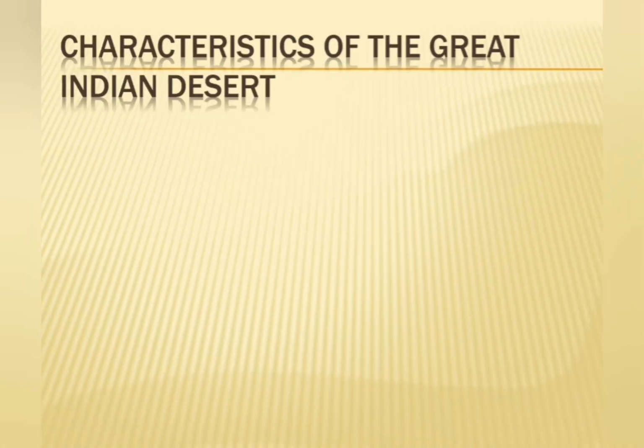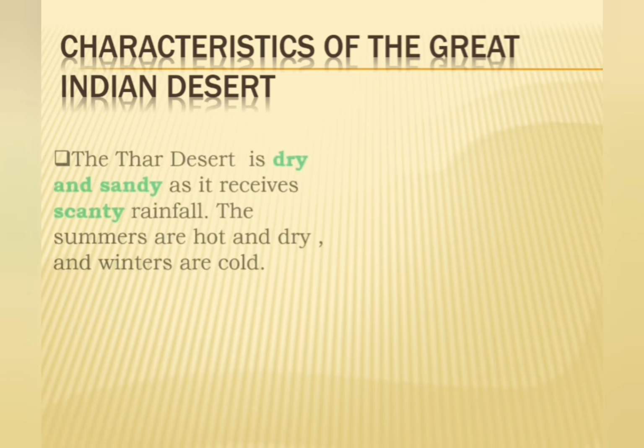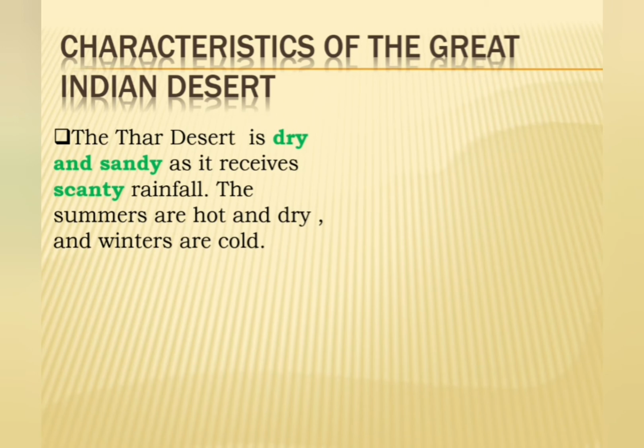Characteristics of the Great Indian Desert. Characteristics means quality or special features. Describe the climate of the Thar Desert. The Thar Desert is dry and sandy as it receives scanty rainfall.